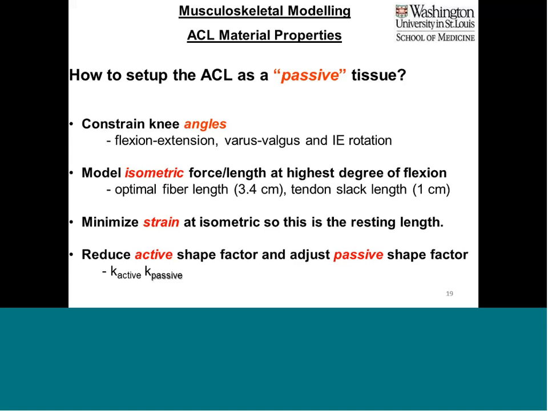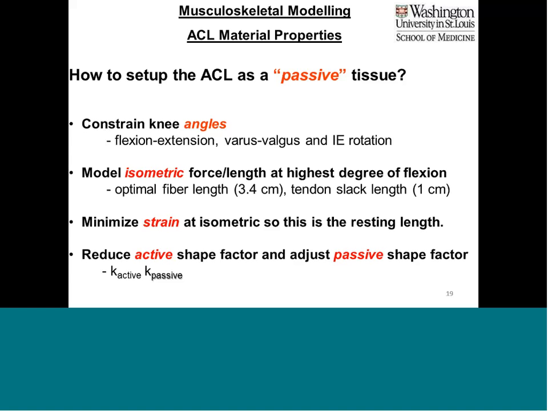So what I did to the model is I modeled the isometric force and length point at the highest degree of flexion, which was at 120 degrees. At that point, the optimal fiber length, and here I'm showing an average, was slightly over 3 centimeters, and tendon slack lengths on the 2 ends were about 1 centimeter each.